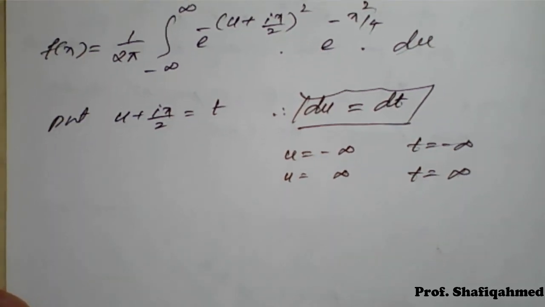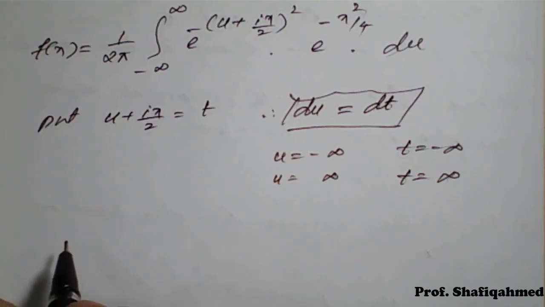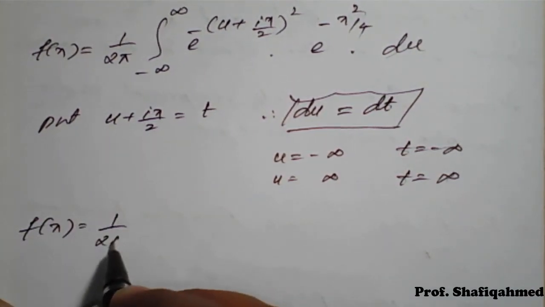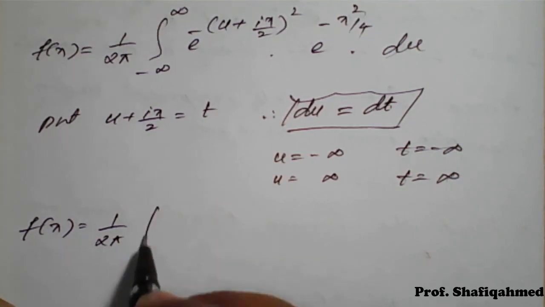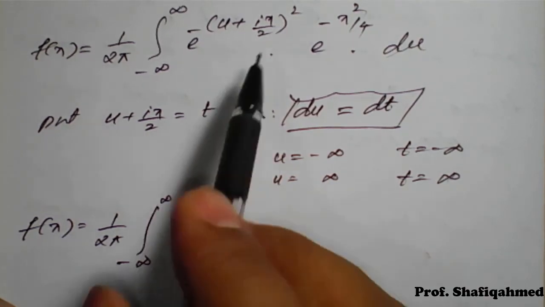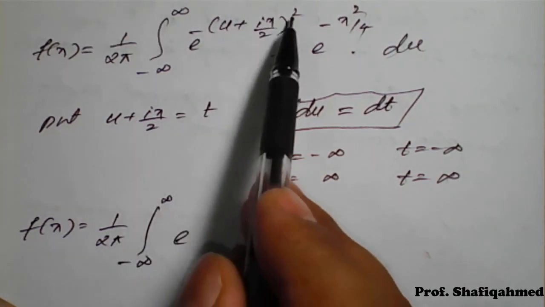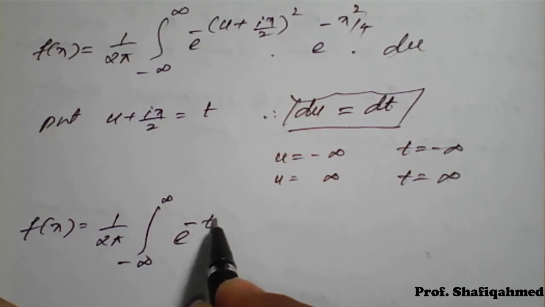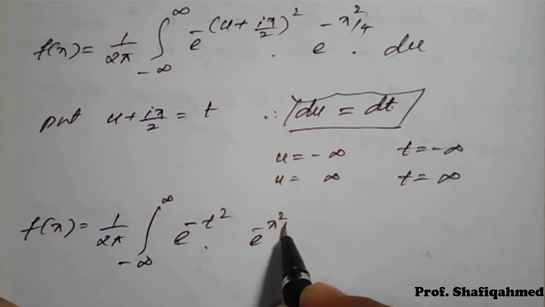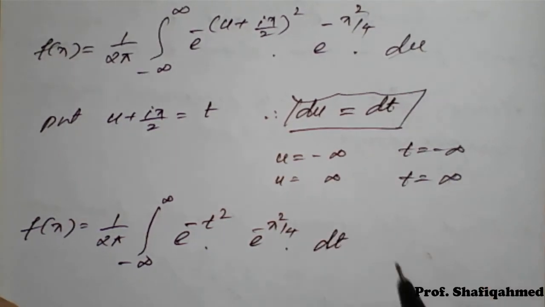So therefore on final simplification, on substitution we'll get f of x is equal to 1 upon 2 pi integral minus infinity to plus infinity e raised to this u plus ix upon 2, we are substituting t, so we have square, it will become minus t square into e raised to minus x square upon 4 as it is, and du will become dt.